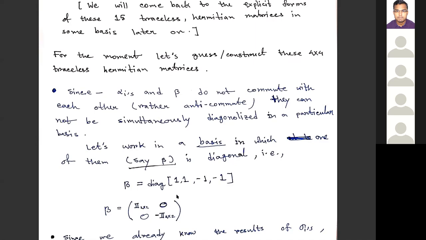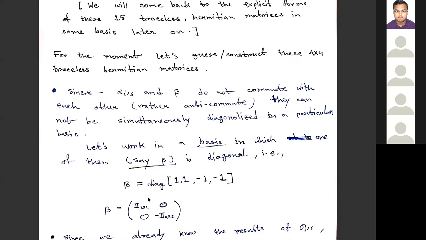So how does a traceless Hermitian 4 by 4 matrix look, which is also diagonal and whose eigenvalues are plus or minus 1? It simply looks like this, right? Beta equals diagonal of plus 1, plus 1, minus 1, minus 1. You could have interchanged this order, but this is the most convenient way to write it.